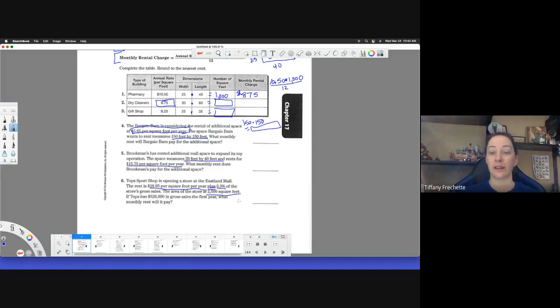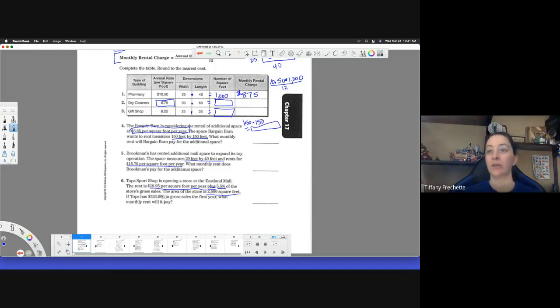So either they just didn't want us to calculate this one, or maybe it is an odd shape, because buildings aren't always just a rectangle. Sometimes they are different shapes, or multiple rectangles pieced together, you know. So for whatever reason, they gave us the square footage on this one. If Topps has $526,000 in gross sales the first year, what monthly rent will it pay?